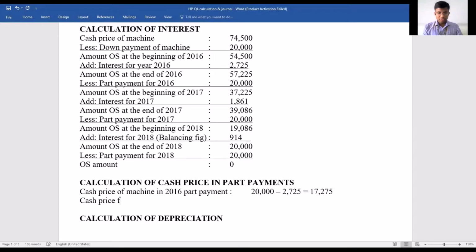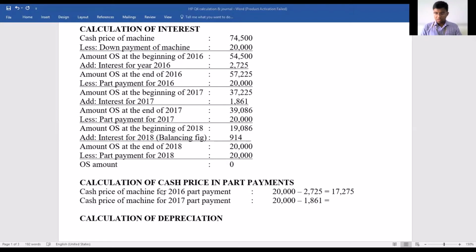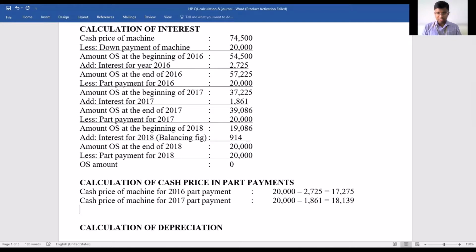Similarly, the cash price of the machine for the 2017 part payment. So this will be 20,000 minus 1,861, and when you work this out, 20,000 minus 1,861, this works out to be 18,139.